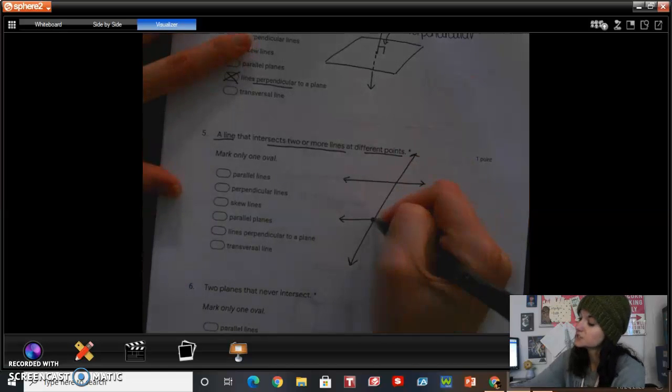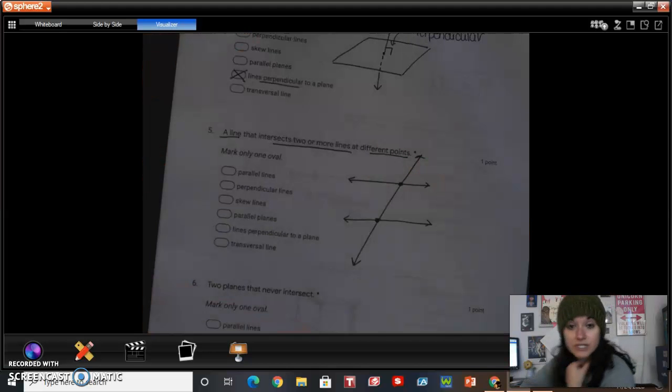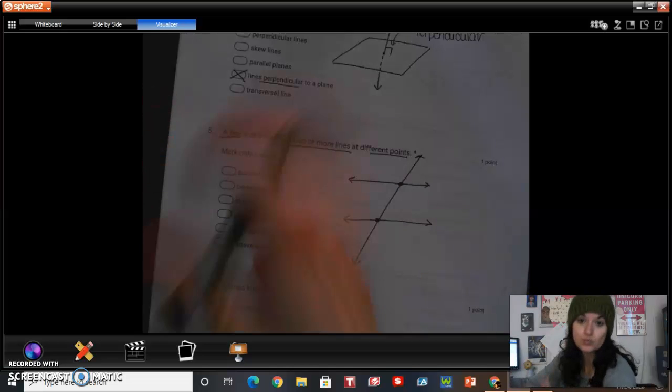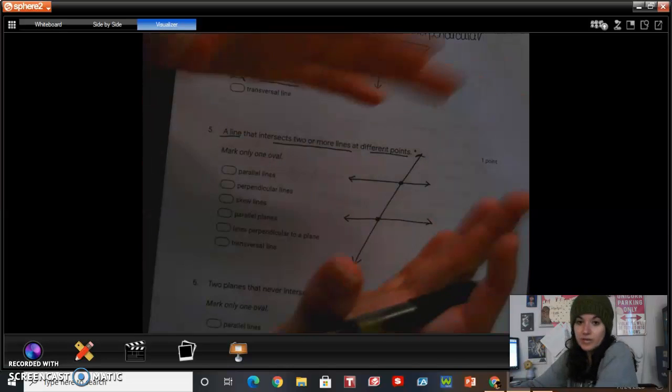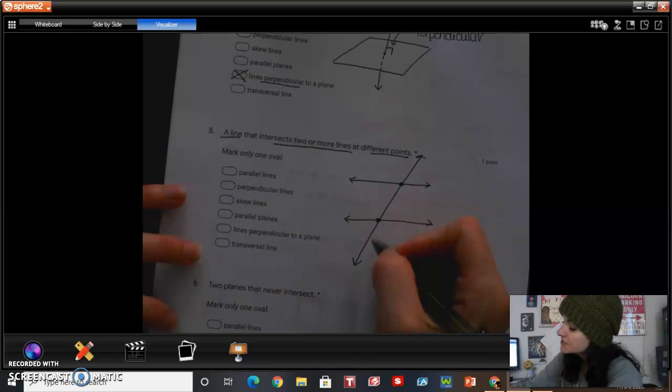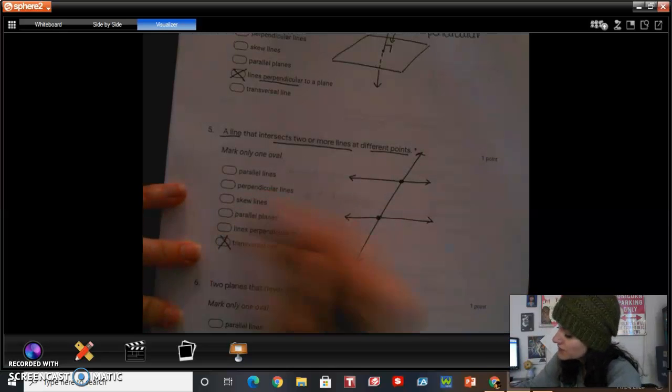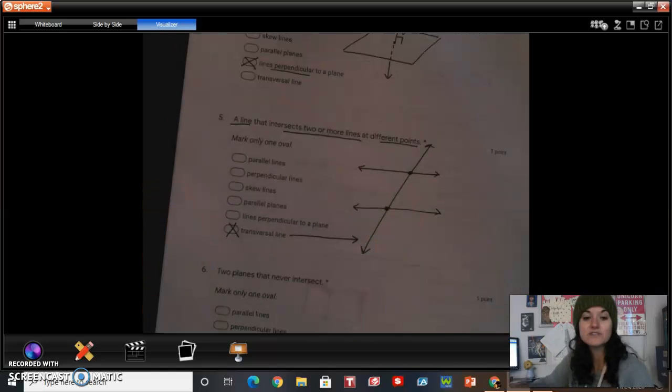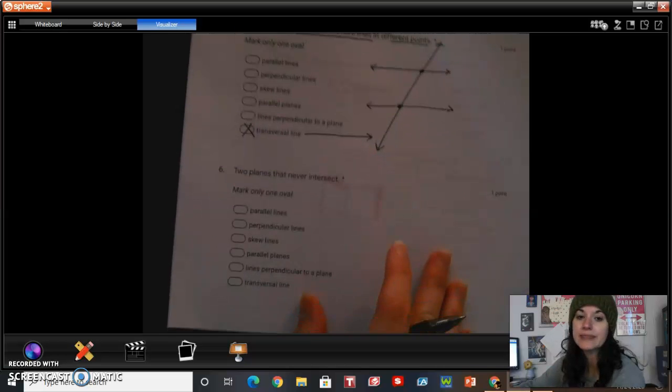So it's intersecting at two points, which this week you're seeing a lot of, okay? We took this simple vocab word and said, all right, here's everything that happens with it. That's what we did this week. So this right here is considered a transversal line. Okay, if it's transversal, it can touch more than one, okay?